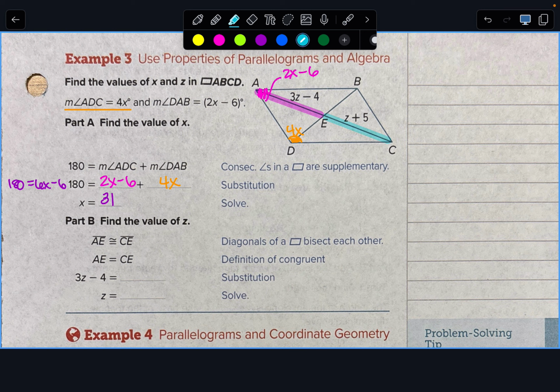So we know that 3z minus 4 should equal z plus 5. Which means what? So 2z equals 9.